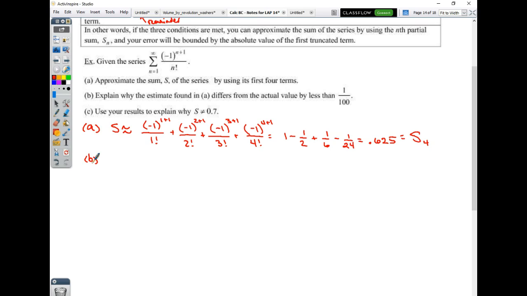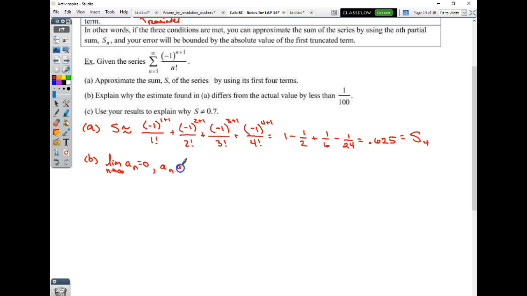First thing I need to prove before I start doing part B is that this series actually does what? I should probably show that this decreases in magnitude, alternates, and the limit goes to, all right, does the limit go to 0? That definitely goes to 0.